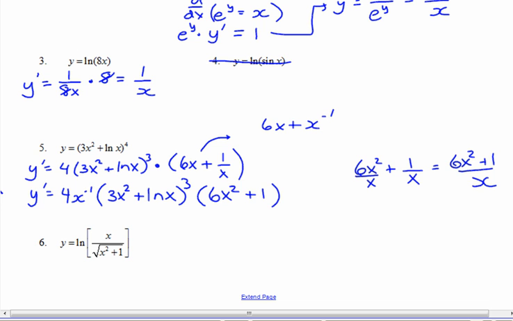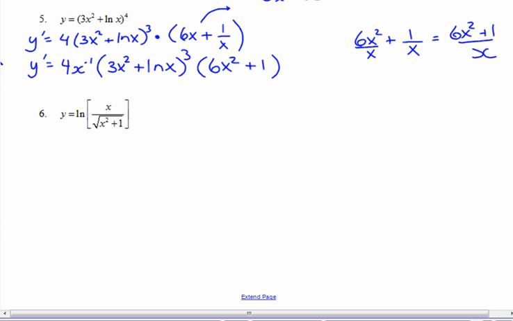Right? Okay, let's go to this guy. Okay, this is super ugly. My recommendation for you, if you have something this ugly, is let's use our log laws to expand it first.